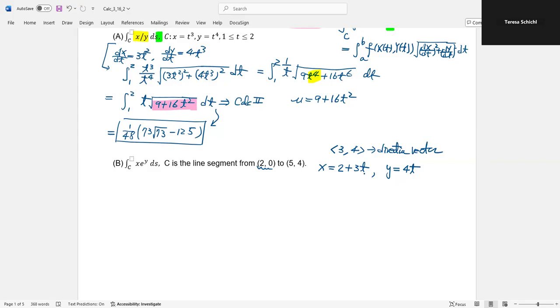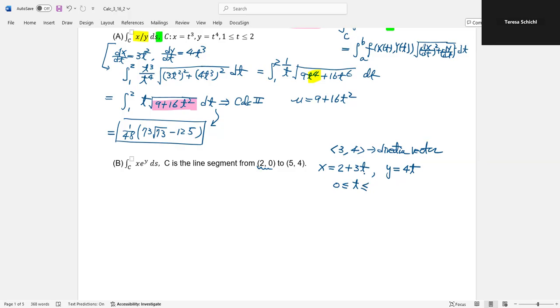Now let's take a look at what my t value is. Because we start at (2, 0) going to (5, 4), t has to start at 0, so when t equals 0 it is (2, 0). Then where does t end? t will end at 1.